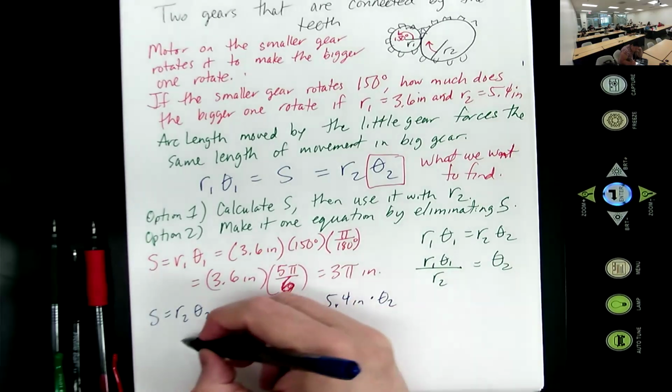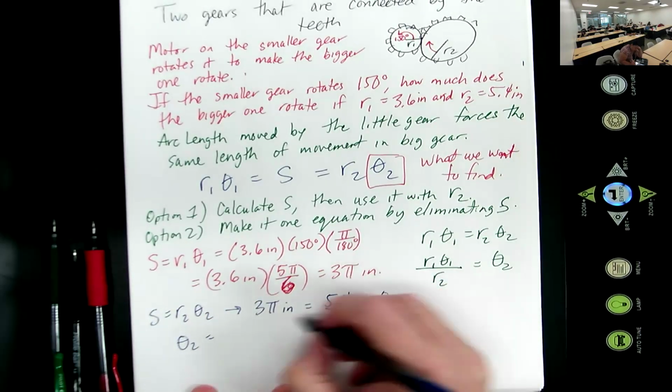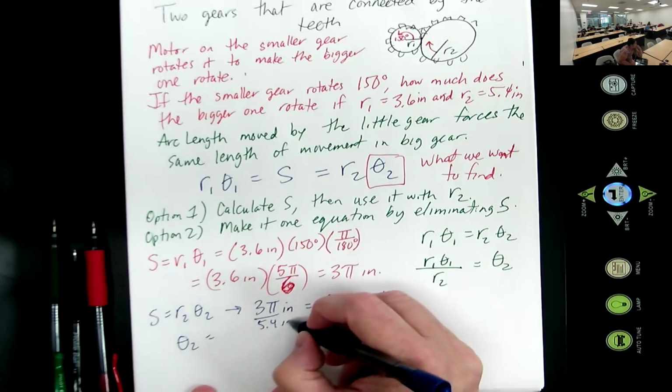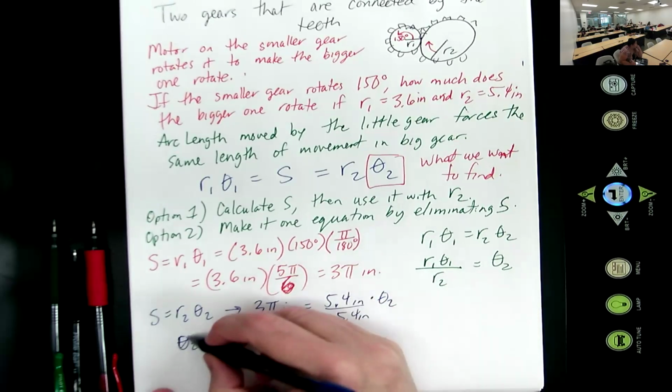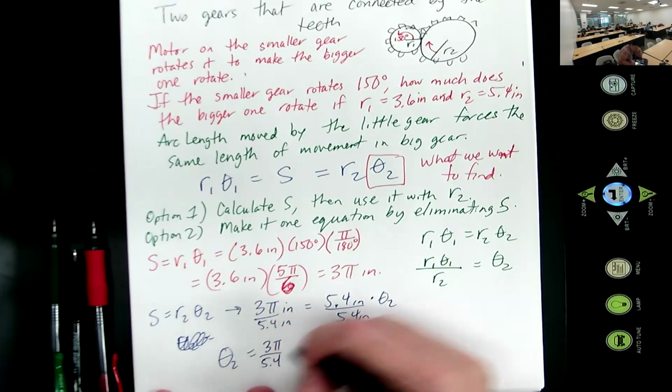So theta 2 is, we divide both sides by 5.4 inches. Theta 2 is 3 pi over 5.4.